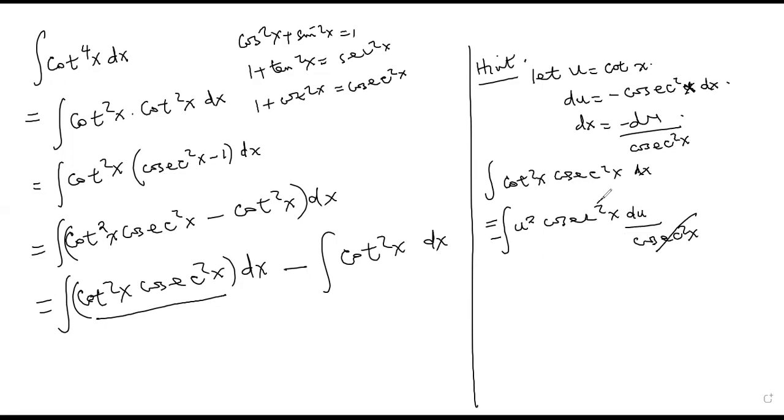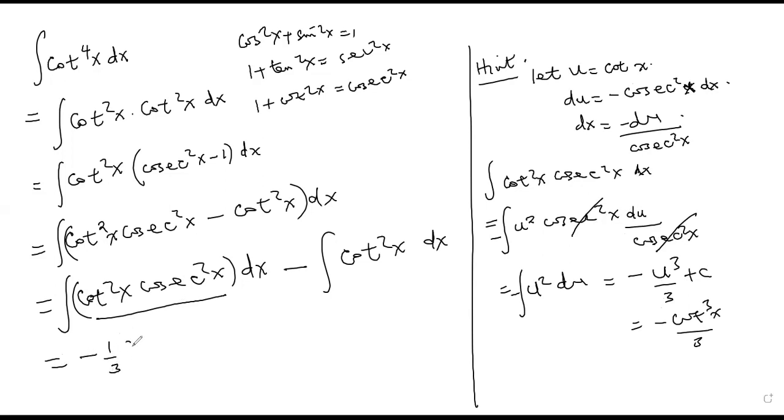Cosec squared will cancel with the cosec squared, and here we'll have the negative integral of u squared du, which is negative u cubed out of 3 plus c, but u is cot x, so it will be negative cot cubed x out of 3. So that all of this one becomes negative a third cot cubed of x.